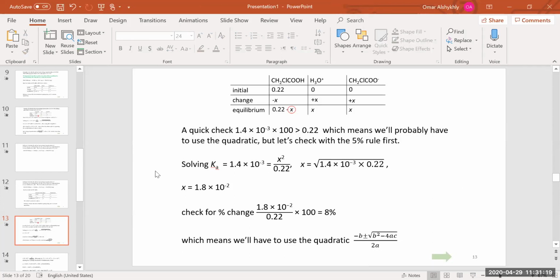So here, what are you going to do? Actually, here we can use the quadratic.